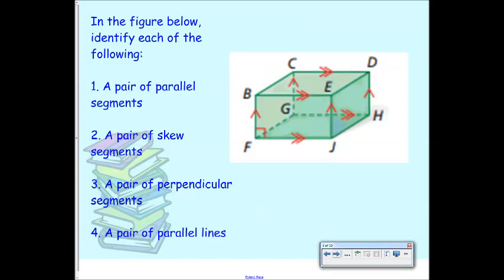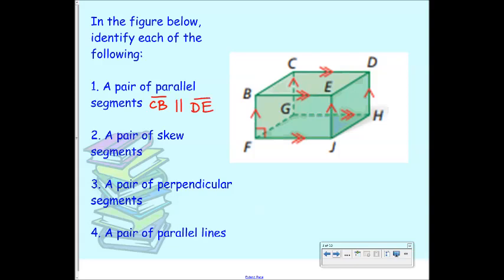Okay, so in this figure below, let's identify each of the following. Give me a pair of parallel segments. Somebody name any segment. CB. Okay, so give me something that's parallel to CB. DE, very good. CB is parallel to DE.